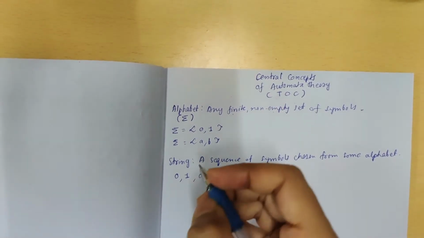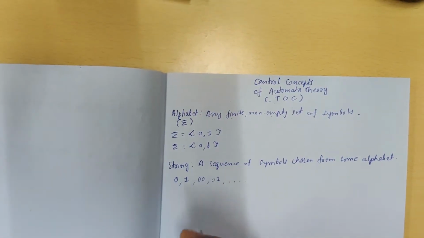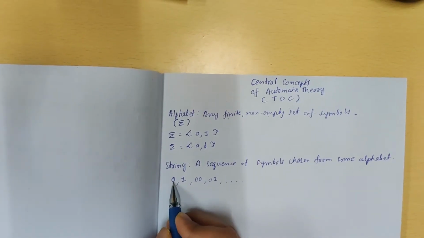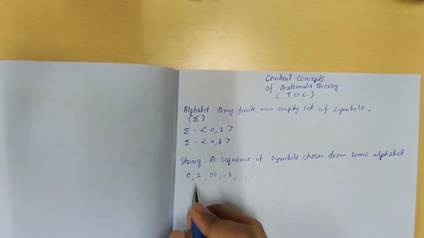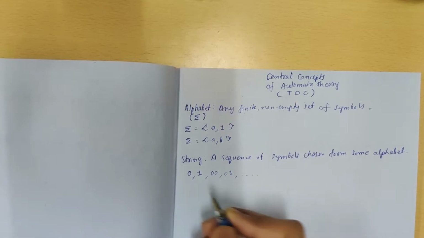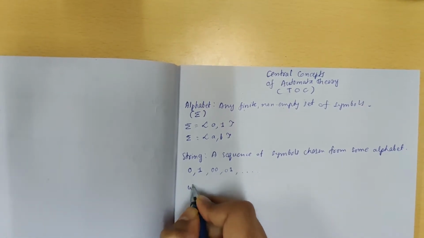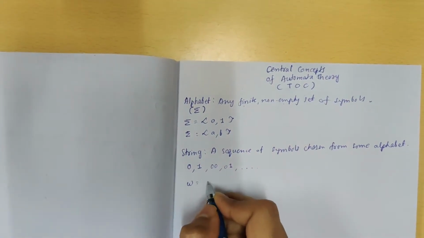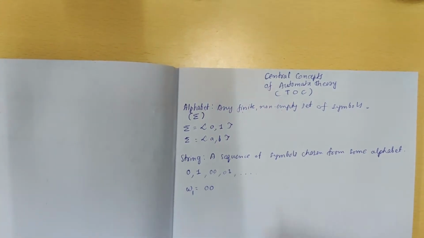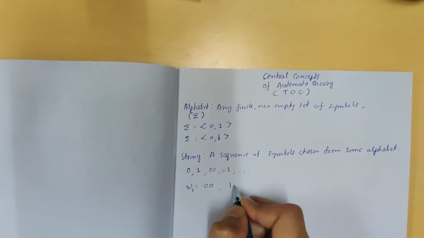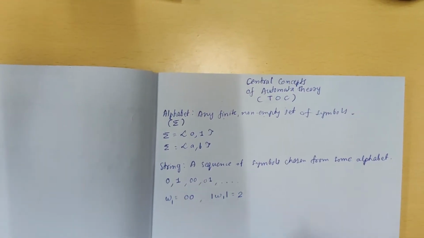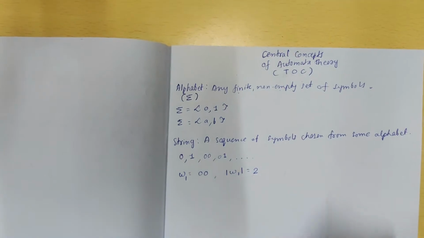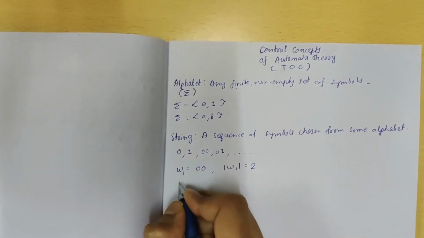And we have another related concept here, which is the length of the string. So here we see 0, 1. How many symbols are there in this string? 2. A string is generally represented by W. Suppose we have a string 0, 0, say this is string W1. Mod W1 represents the length of the string. So here it is 2, because there are 2 symbols.